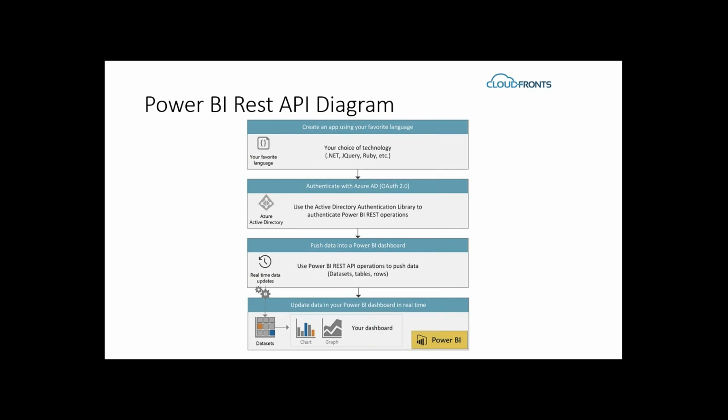Once the data is inside these tables, Power BI Online takes care of refreshing that data into the dashboards automatically. So if we are looking at the dashboard, we don't have to press F5 or refresh the browser. Power BI Online will automatically refresh the dashboard, and it will always have real-time data.